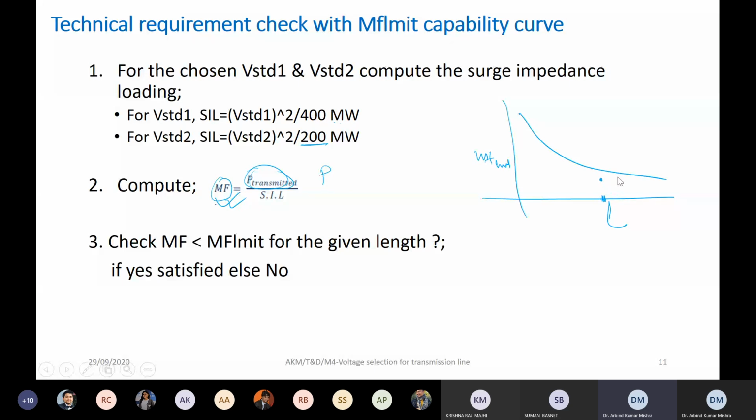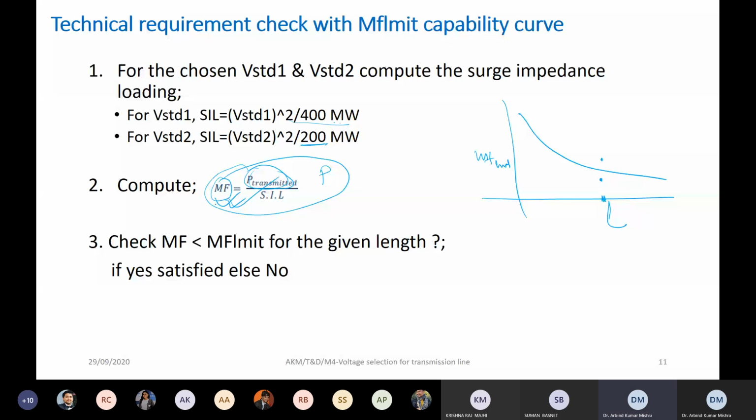If it is below, yes, it is capable. If it is above this curve, that means it is not capable. Either you can use this, or you can convert your MF limit curve itself directly in terms of capability.